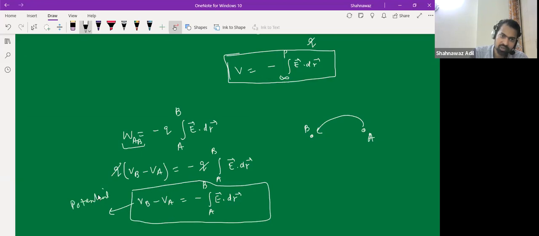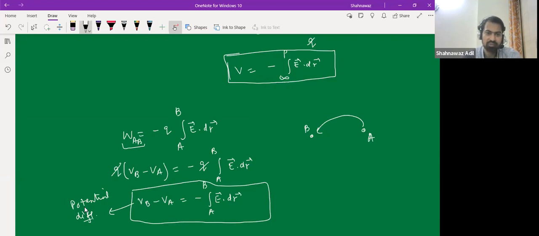So the difference between potential and potential difference is just the points, where we are taking the charge from and where we are putting that charge. If we are taking the charge from some initial fixed point to a final fixed point, would that be potential or potential difference? Yeah, Aisha.